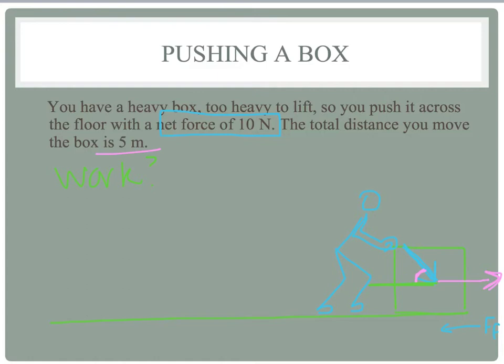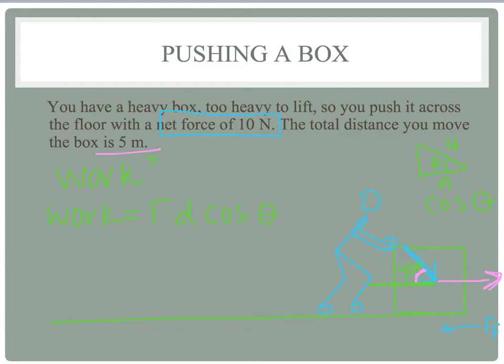And if this angle is 45 degrees, you're pushing exactly down there, then we can always use this equation, work equals force times distance, but then we're going to add, if we remember our triangles, if this is our hypotenuse, this is our adjacent angle, so we're going to use cosine of our angle theta there. So it's going to be force times distance times the cosine of our angle.